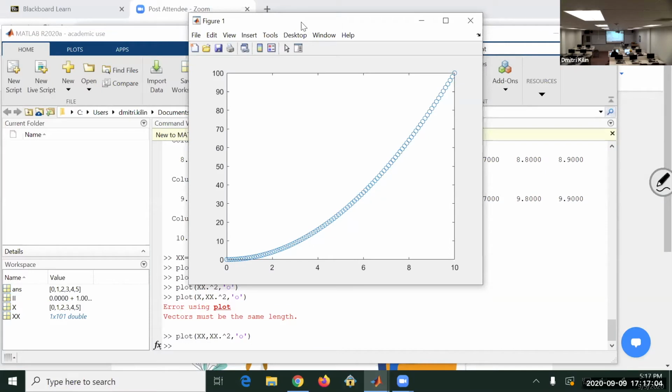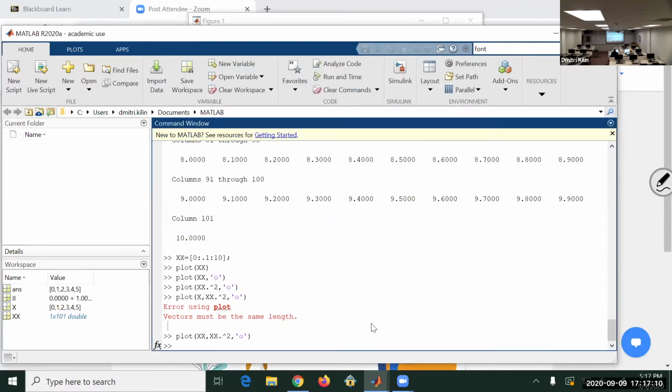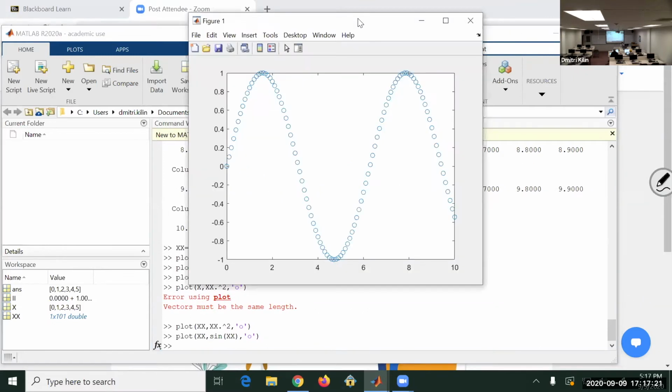Of course, we do not need any computers to draw parabolas. It's a little silly. But one can plot different functions, like maybe sine of this argument. So a little better, right?